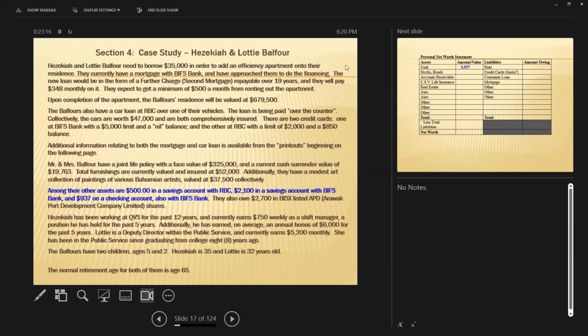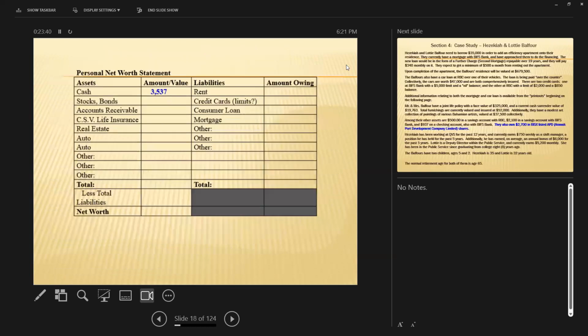So among the other assets are $500 in savings account with RBC, $2,100 in savings account with Biff's Bank, and $937 in a checking account also with Biff's Bank. Okay, so we add the three of those together, right? And we get $3,537.